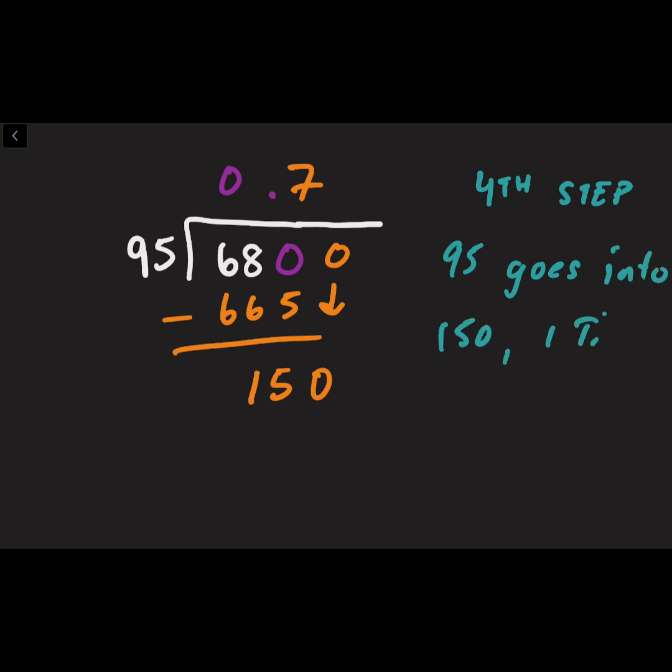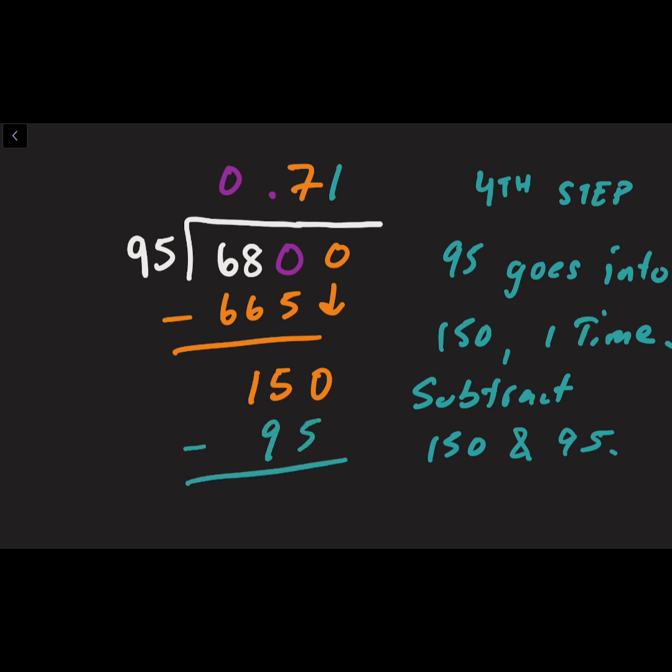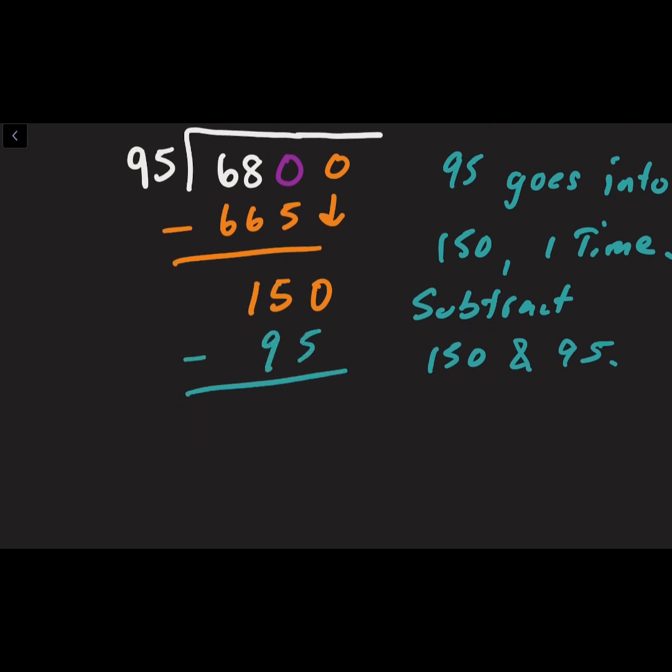So we put our one right here. Now we're going to subtract 95 from 150. That gives us a total of 55. Add our zero right here and bring that down.